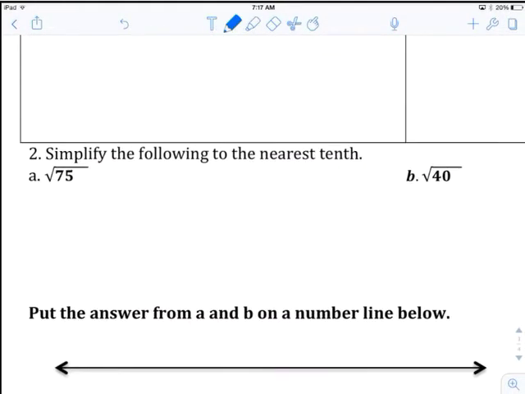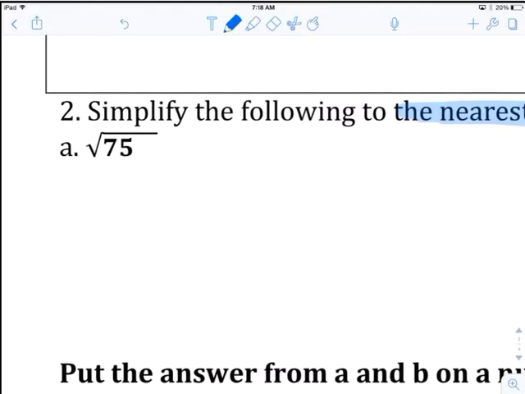Now be careful here. It says round to the nearest tenth. So you're not factoring, you're not simplifying. Okay, so this is between 64 and 81. So you need to choose numbers between them.